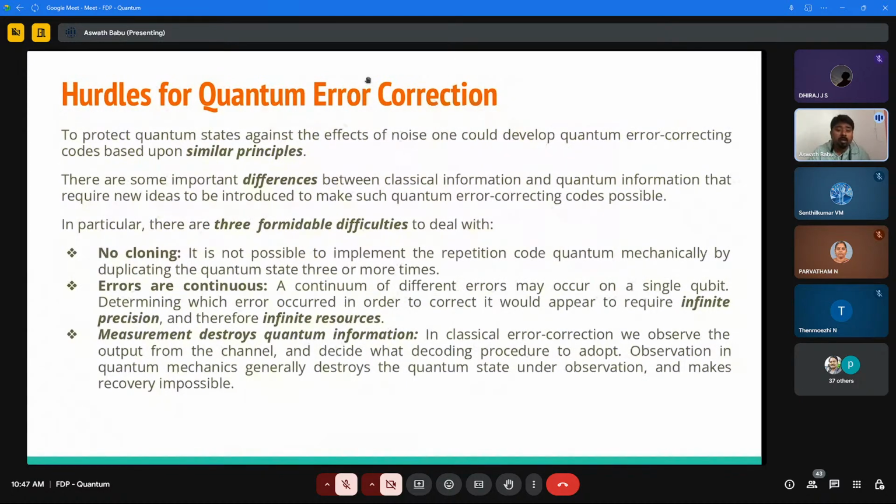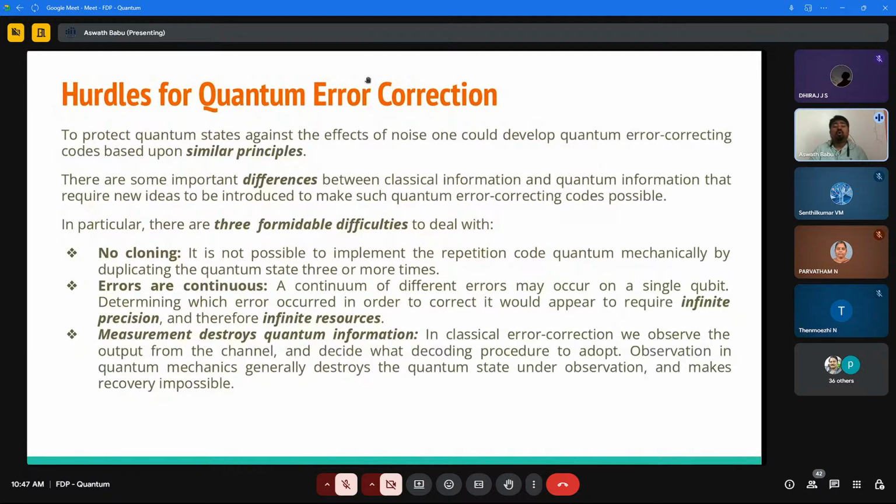So you can't do the measurement. Without doing measurement, how can you find whether there is an error or not? So altogether, these three things put a deadlock on going ahead with quantum error correction. So: no cloning, errors are continuous, measurement destroys the quantum information.